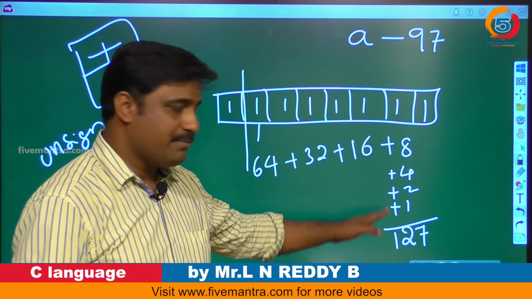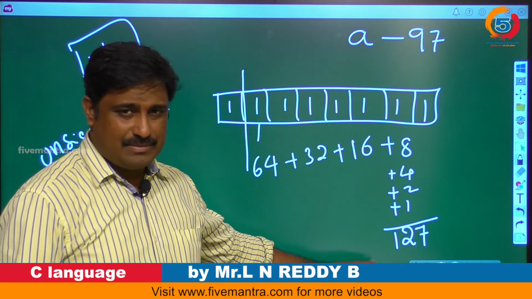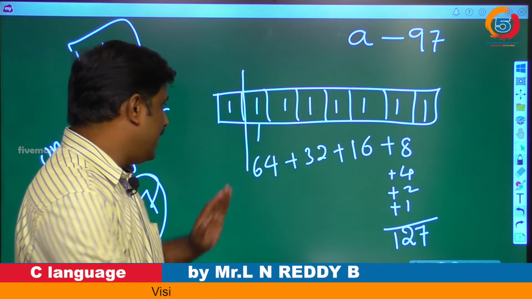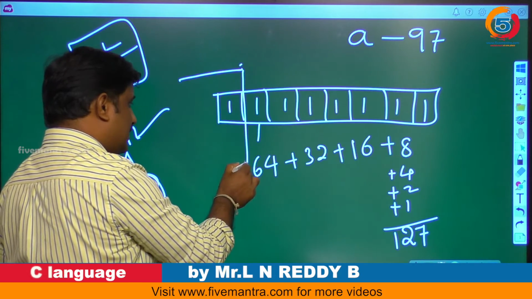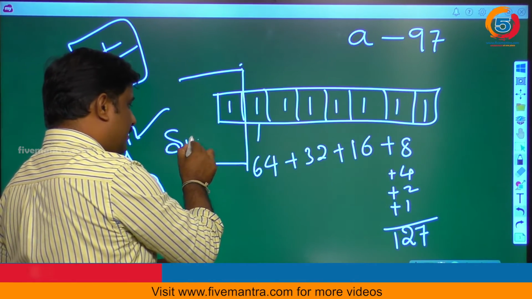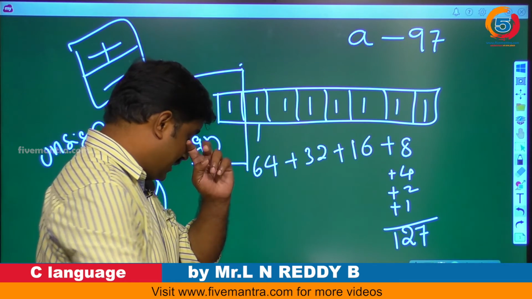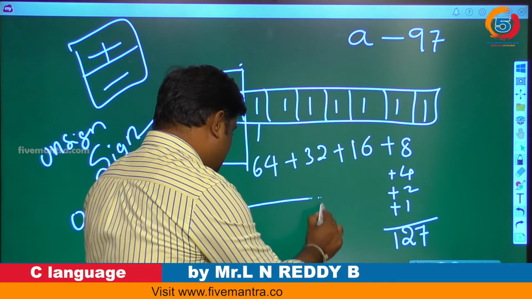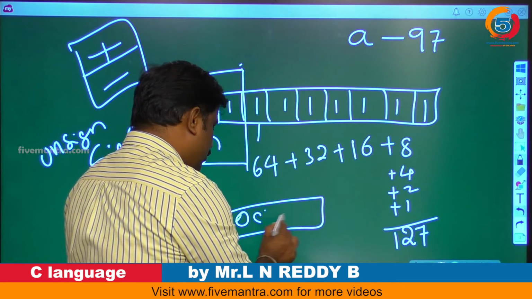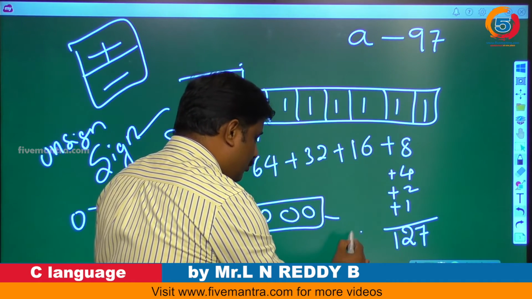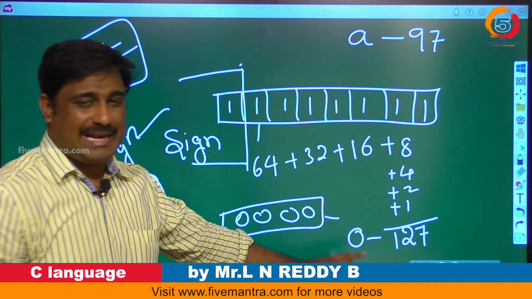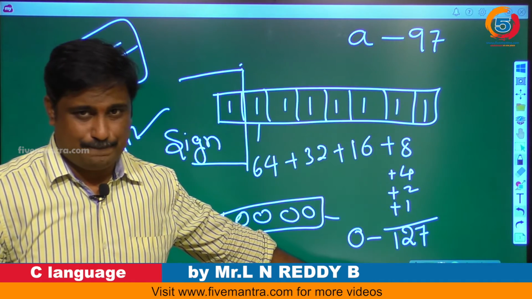In this way, the total number will be saved. Means the maximum I can save if you leave this MSB for the sign is 127. For signed, you can save 0 to 127 characters.